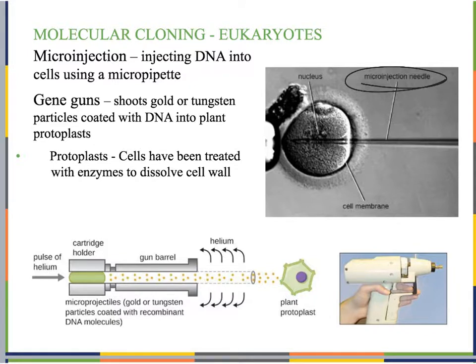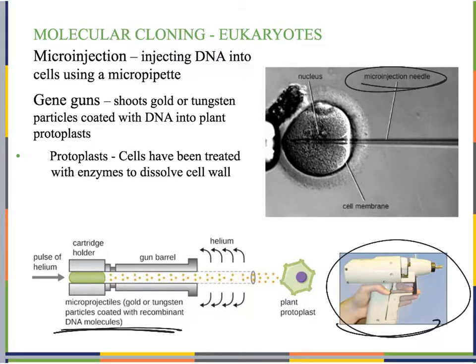Another method are gene guns. So in this case, we're shooting gold or tungsten particles. But those gold or tungsten particles are coated with DNA. And so this is something that's often used in making plants genetically modified. So you can see at the bottom here, we have our gene gun. This is what it actually looks like, but this is inside of it down here. And so we can take our gold or tungsten particles, and previously we're going to incorporate DNA with that.